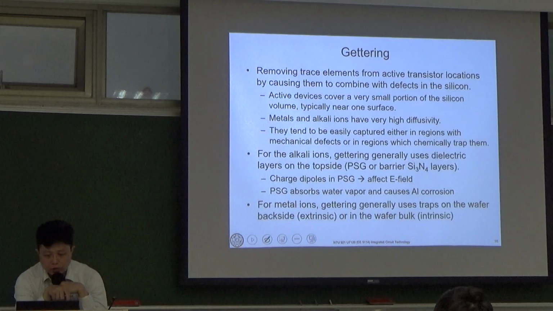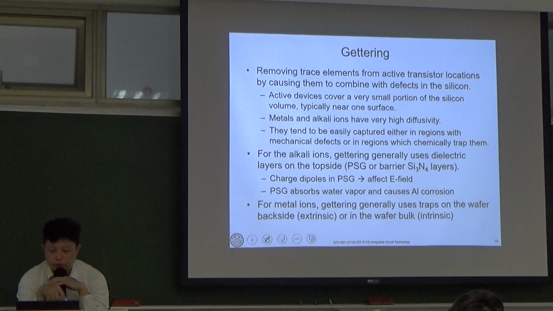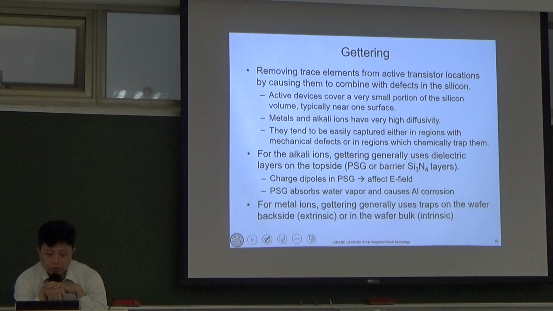Okay, now we move to the third part. In the previous two ways that we control the impurities, I think it's all very straightforward. But for this gettering process, I think we have to spend more time on this.